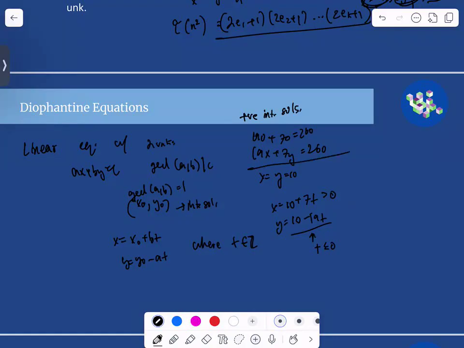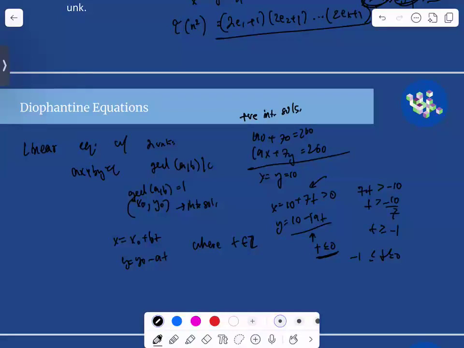So we need that 7t is greater than negative 10, and that gives us t is greater than negative 10 over 7. So t basically has to be greater than or equal to negative 1. And so t is less than or equal to 0 and greater than or equal to negative 1.